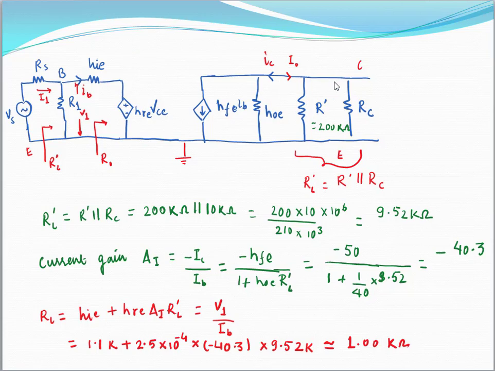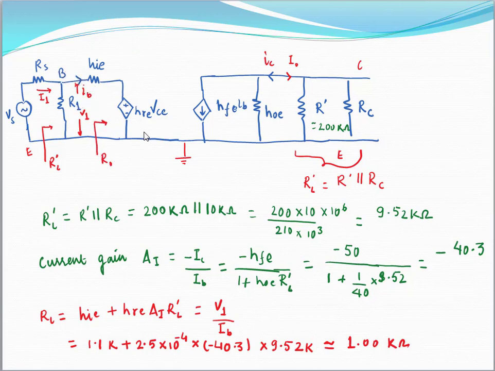And V0, if you see, will be in parallel, we have considered the load, both are the parallel one. So we have already calculated the value of RL dash, and I0 is flowing through both of these, so I0 RL dash, and here V1 is equal to IB Ri.